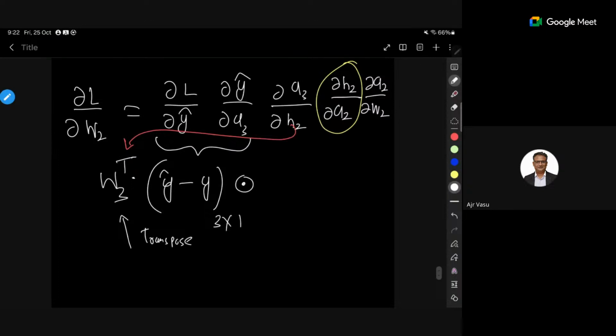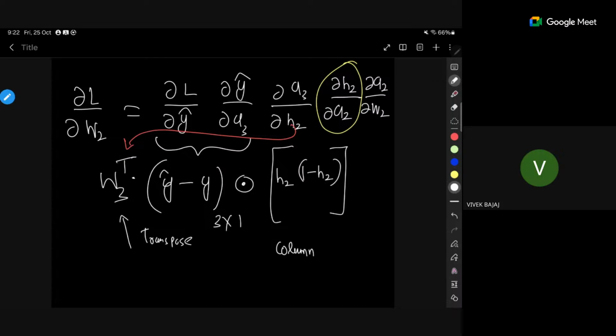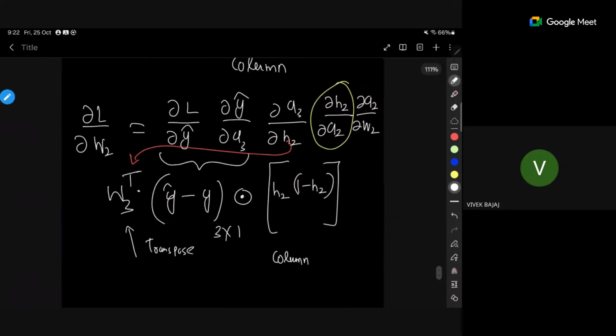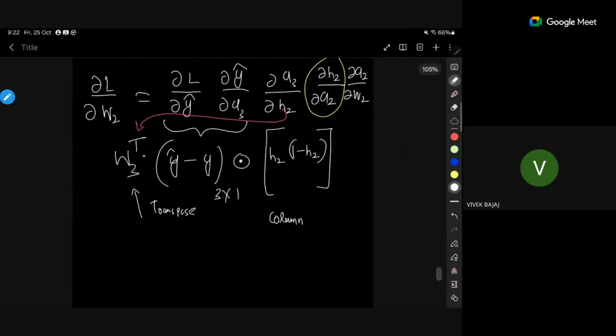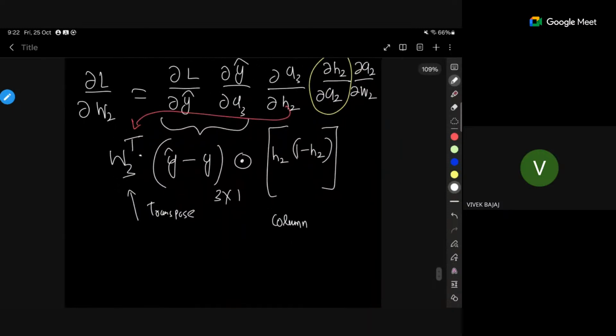So this guy is sigmoid, and if I take the derivative of that, I'll get H2 times (1 minus H2). This is also going to be a column vector, 2 cross 1, because there are two neurons there.